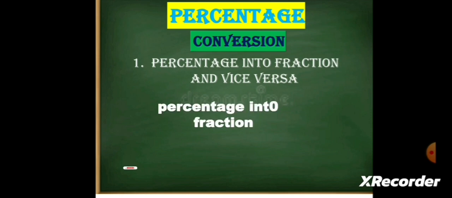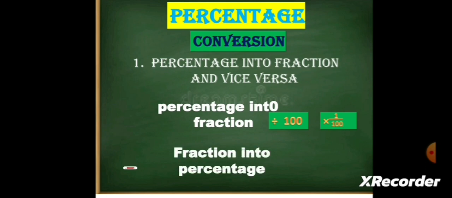While converting percentage into fraction, we will divide it by 100, or can even multiply by 1 upon 100. While converting fraction into percentage, we will multiply by 100.